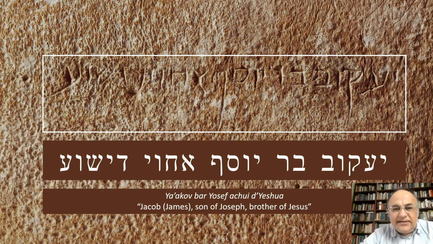The Aramaic text, which is relatively beautifully carved, is the usual. It contains three names: Yaakov, Bar Yosef, Ahui, di Yeshua, which means Jacob or James, son of Joseph, brother of Jesus. The most conspicuous, of course, is the naming of the brother besides the father's name.